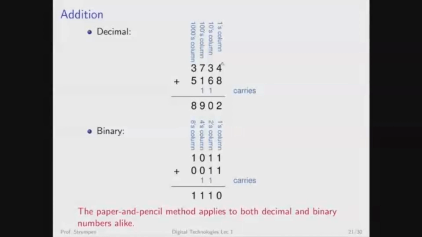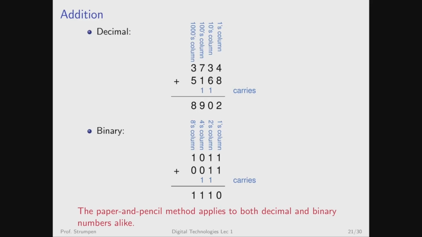Then we add the numbers digit by digit, starting in the ones column. And 4 plus 8 is 12. That is not a digit, but it's a two-digit decimal number. The 10 of the 12 belongs into the tens column. So we carry 1 over to the tens column. 1, 2 is the 12, right?